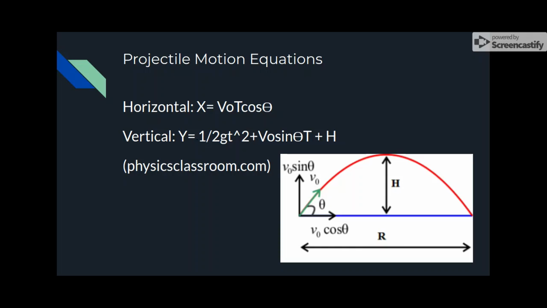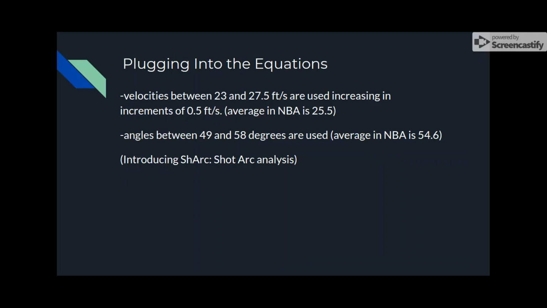And for vertical, it's 1/2 gravity times time squared plus initial velocity times the sine of the angle times time plus the release height. So that's where the release height will factor into this equation. For this equation, though, we will keep the release height constant at 7 feet 3 inches.